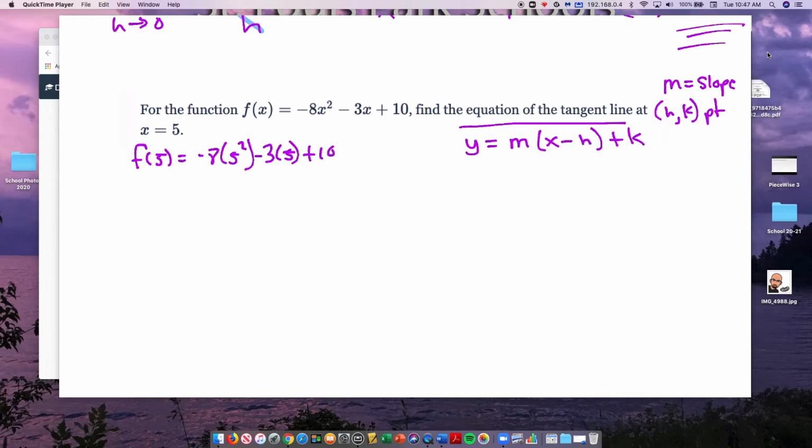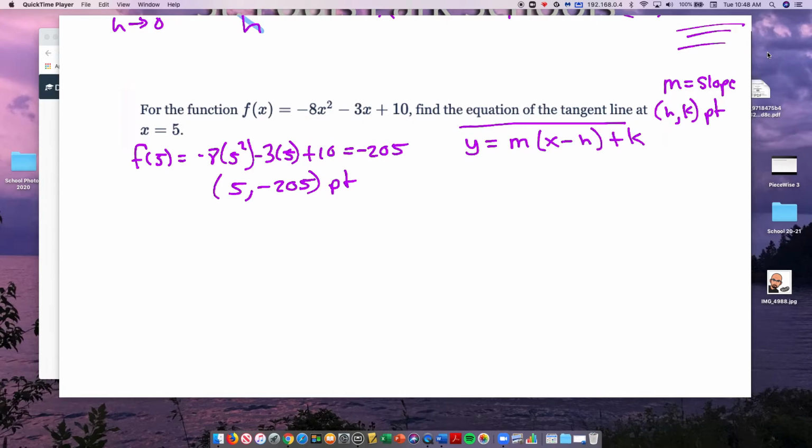And if I calculate that with my calculator, negative 8 times 5 squared minus 3 times 5 plus 10, I end up with negative 205. So I have this point now, 5 comma negative 205. There's my point. I still need my slope.